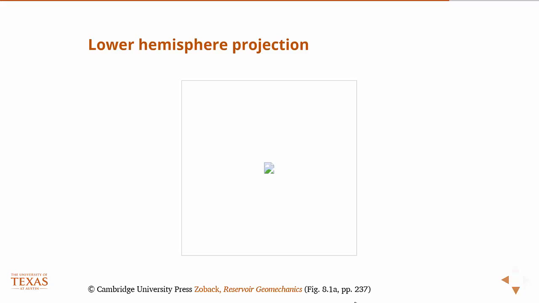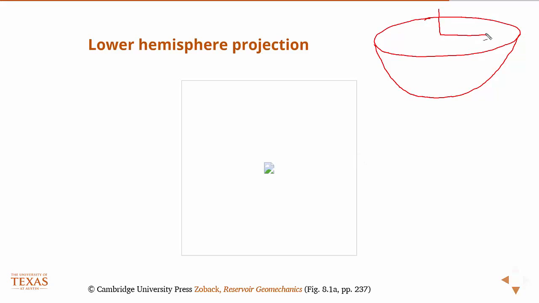So basically the idea here is that if we imagined a hemispherical bowl centered on the geographic coordinate system, so north, east, down, right?